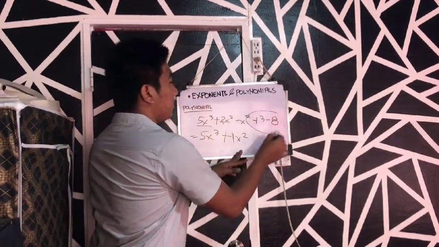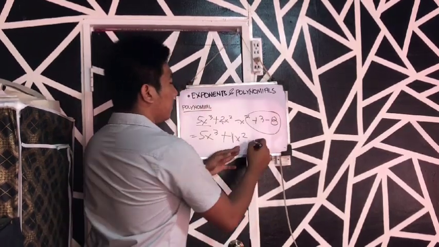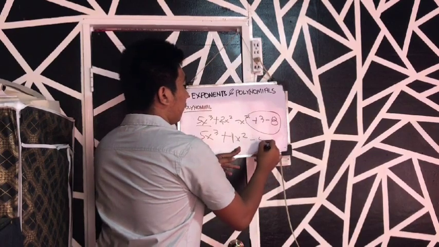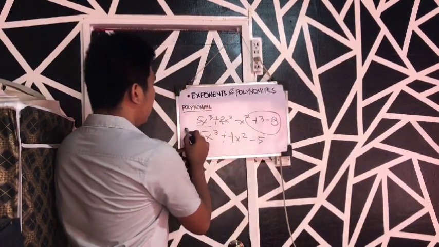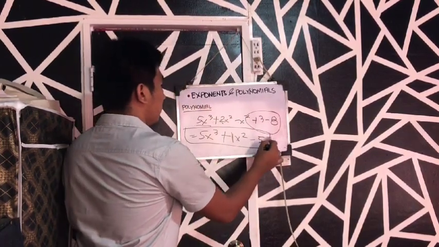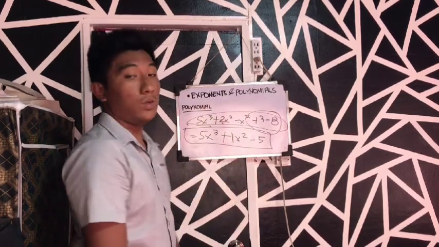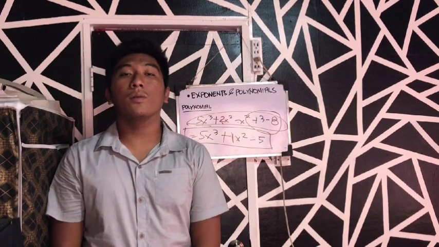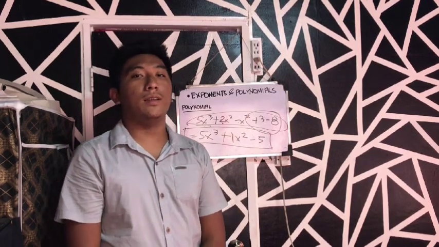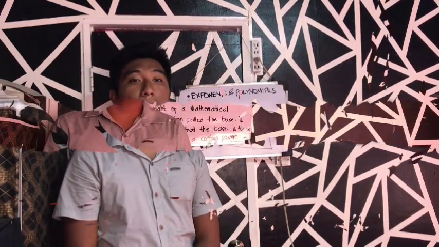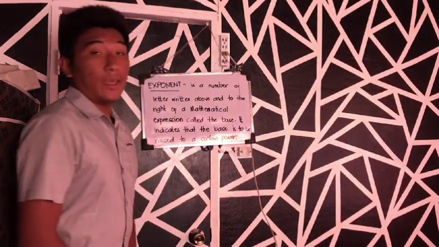If we subtract, we get a difference of negative 5. So this would be the result of these terms. The process that we use is what we call combining like terms. That's all for polynomials.